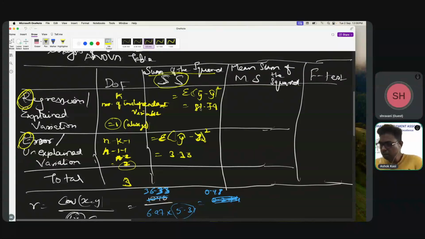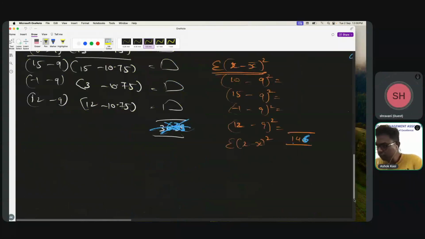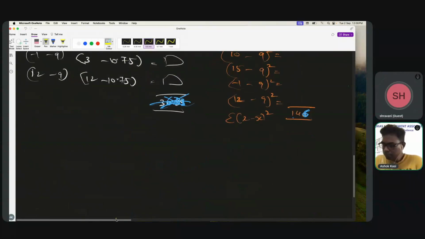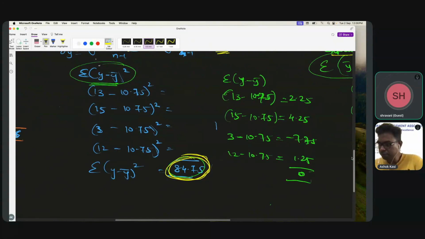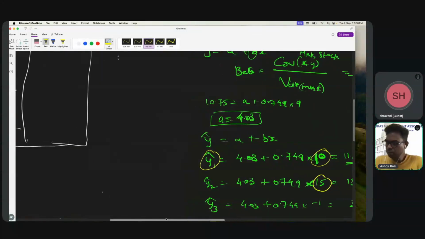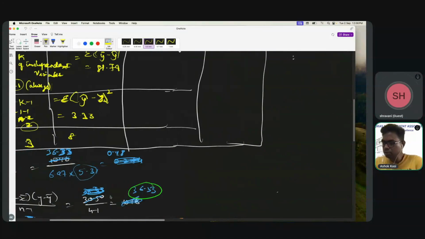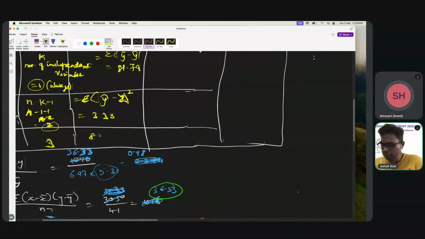Now adding all, comes 85 point, I'll just write what we have calculated: 84.75. Okay, total. That 1 or 2 points is okay. The decimal is not going to affect. 84.75.